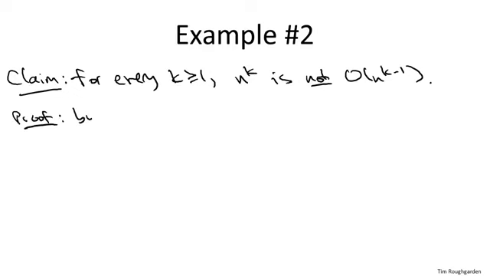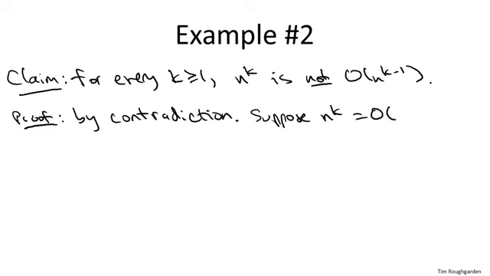So remember, proof by contradiction: you assume what you're trying to establish is actually false, and from that you do a sequence of logical steps culminating in something which is just patently false, which contradicts basic axioms of mathematics or of arithmetic. So suppose in fact n^k was big O of n^(k-1). That's assuming the opposite of what we're trying to prove. What would that mean?